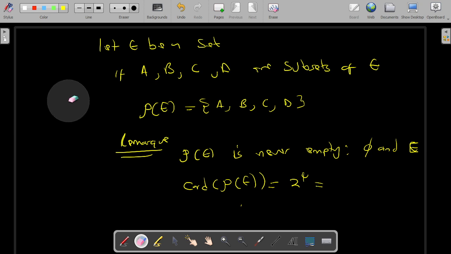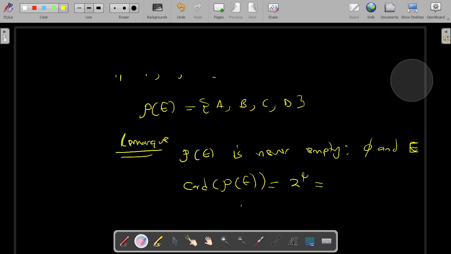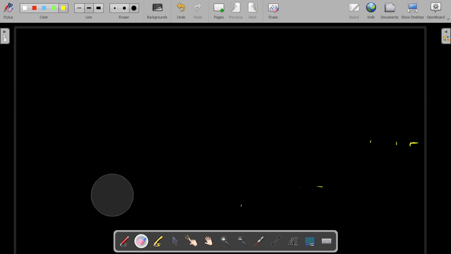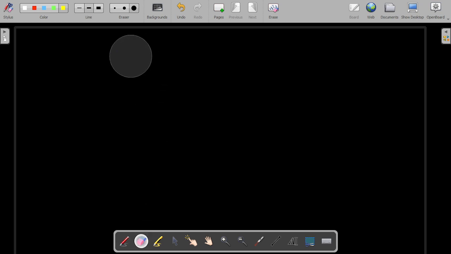And let me just give you guys a very good example of what has been laid as a foundation. So let E be the set of all elements A, B, and C. All right.